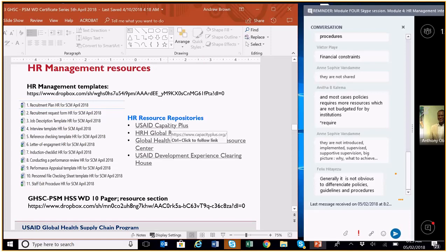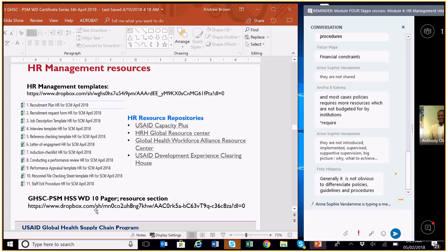USAID Capacity Plus, which was a previous USAID-funded project, the Human Resources for Health Global Resource Center, another USAID repository, the Global Health Workforce Alliance, which is a big WHO resource center on human resources, and then the USAID Development Experience Clearinghouse, which is also called the DEC. These particular repositories have a wealth of information, and I encourage you to explore them.